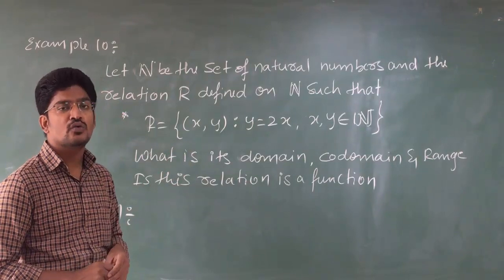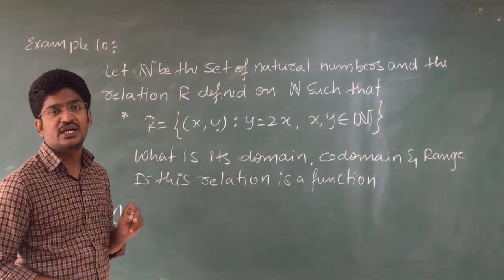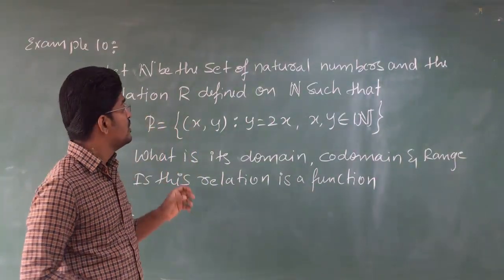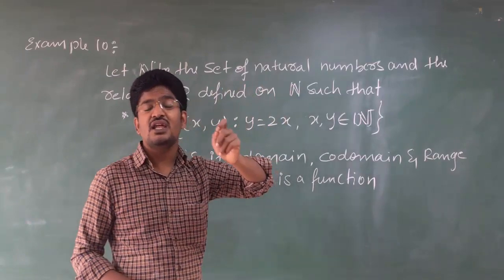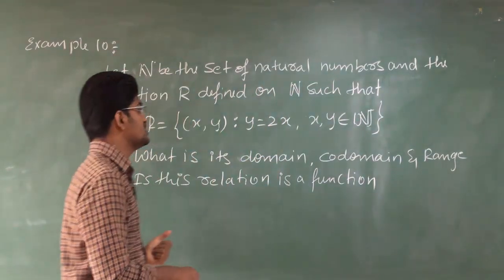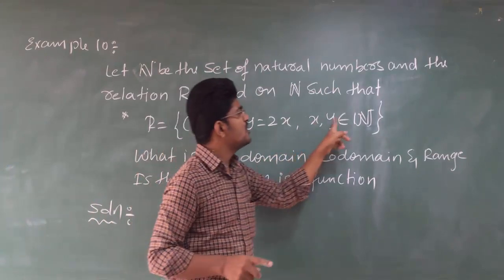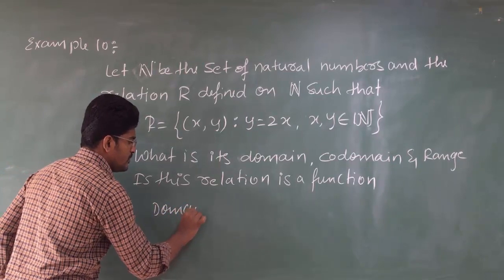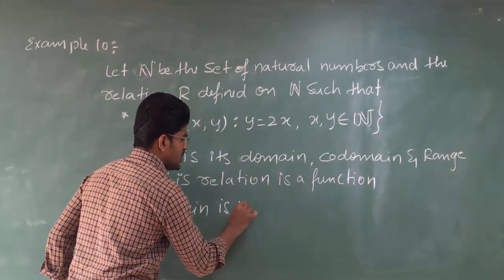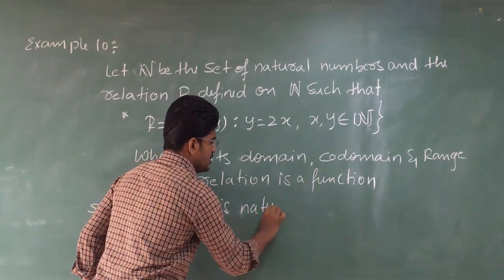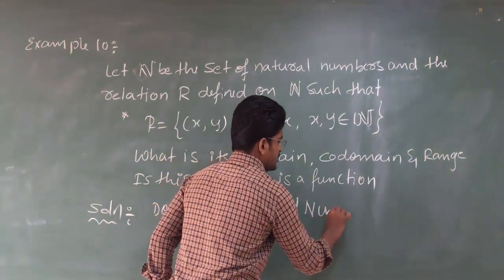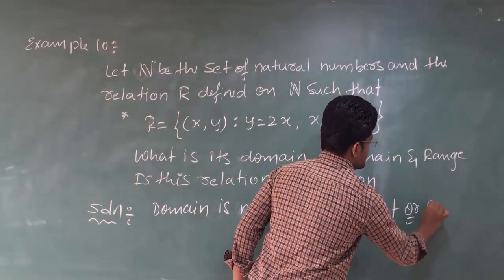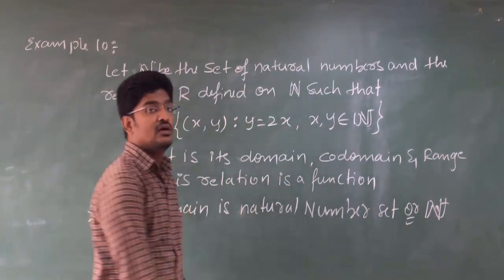The same thing here you have to apply. If you collect the first elements, it will be the domain. If you collect the second elements, it will be the range. And the set which is given will be the codomain. That means, see here, x belongs to N. That means domain is the natural number set, or you can say just N. Clear?